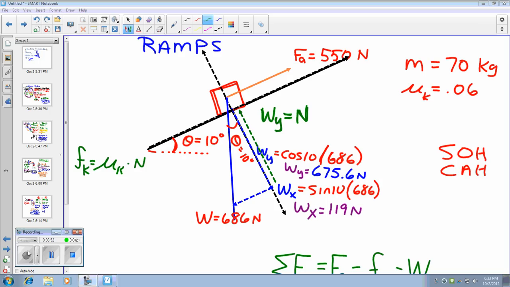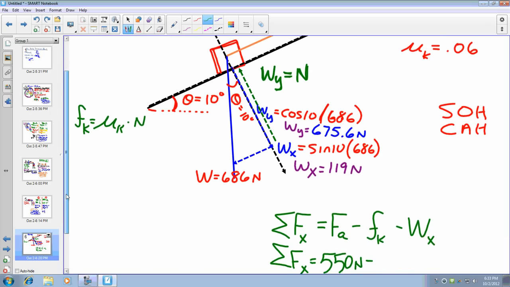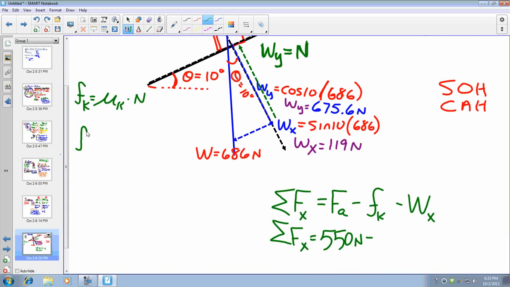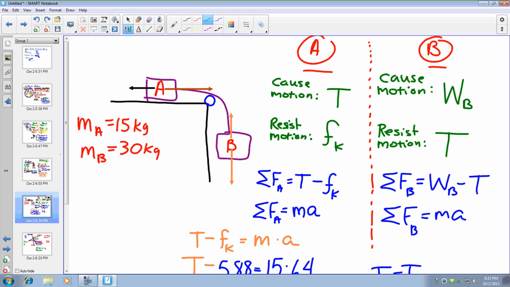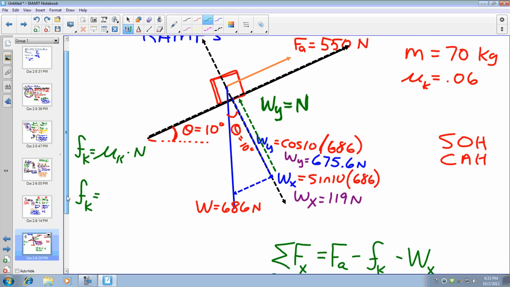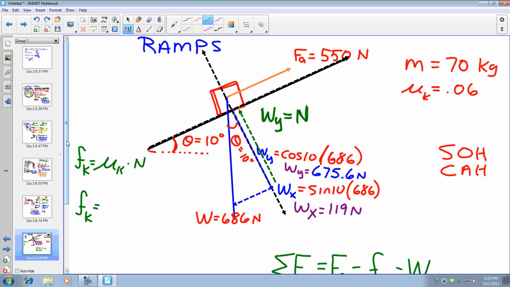So let's actually solve for our force of kinetic friction. That's going to be, let me jump to the next page. Where did we solve for that? Oh, 0.06, sorry, multiplied by our normal value, which is going to be equal to our value for our weight in the y, which is going to be equal to 675.6.